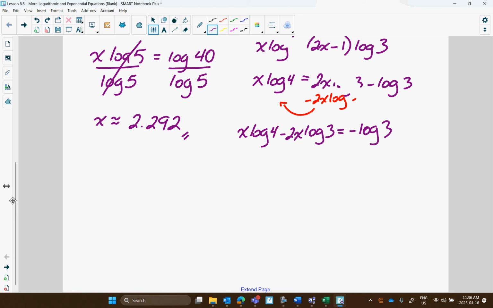How do I isolate the x? How do I get the x out of both of these terms? Factor it out. So if I take out an x from both of these terms, I'm left with log 4 minus 2 log 3 equals negative log 3.